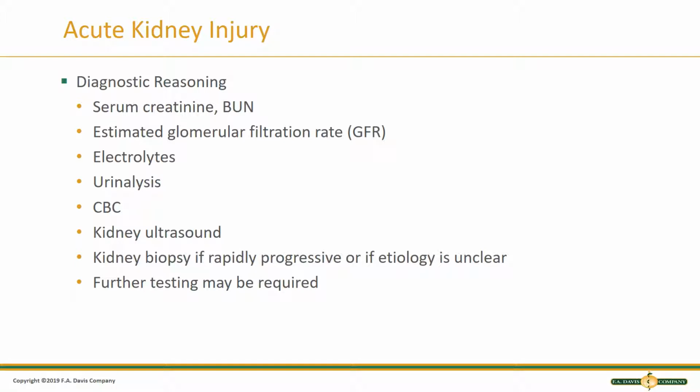Other diagnostic testing could include ultrasound. Particularly, you'll be able to see the structure of the kidney and the renal capsule. You'll be able to see the presence of a hydronephrosis and potentially kidney stones. More aggressive diagnostics that you would not be doing, but that could be considered, would be kidney biopsy.